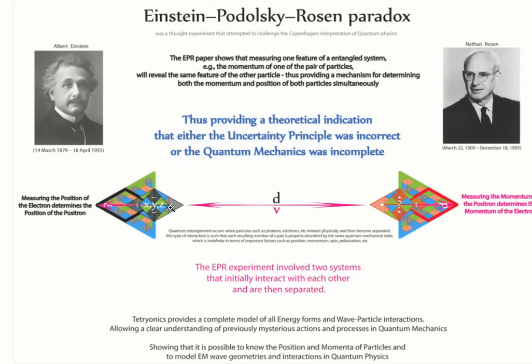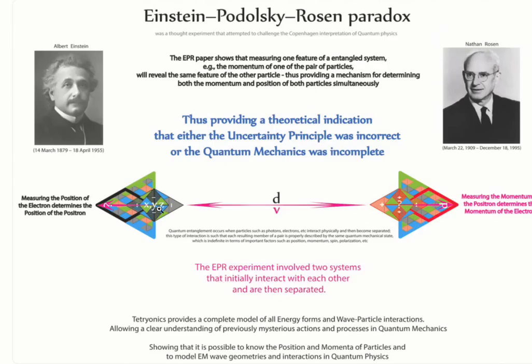They then suggested that if you knew the position of this particle, you could use it to determine the position of the other one based on its momentum, and conversely, if you knew the momentum of this particle, you could determine the momentum and position of the other particle, which then hinted to them, and has remained ever since, to be a suggestion that at the fundamental level the understanding of quantum mechanics was not complete, and particularly as it was expressed through the uncertainty principle, that it was in fact possible to know both the position and the momentum of a coupled system as it separated over time, against what Heisenberg had expressed.